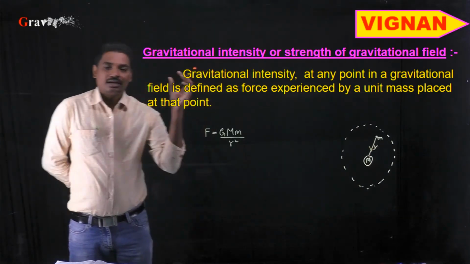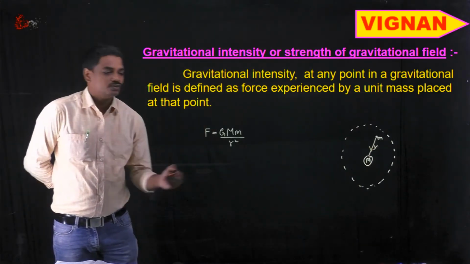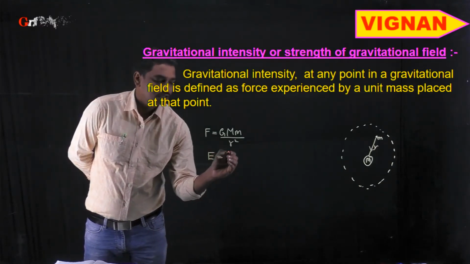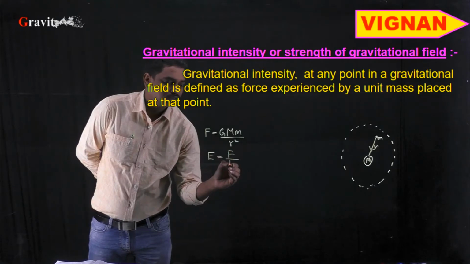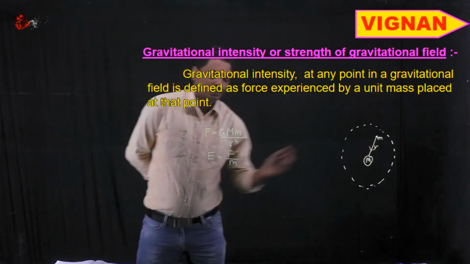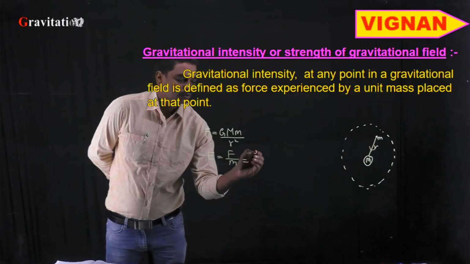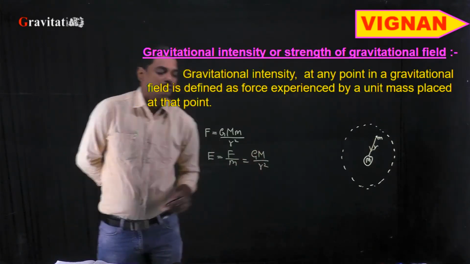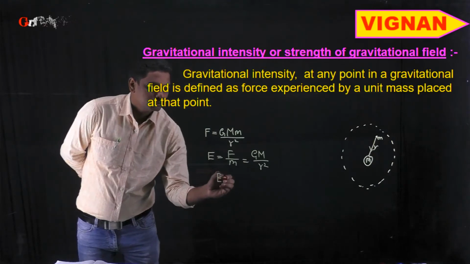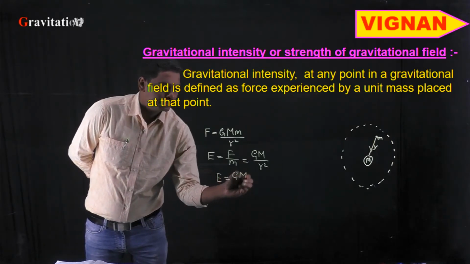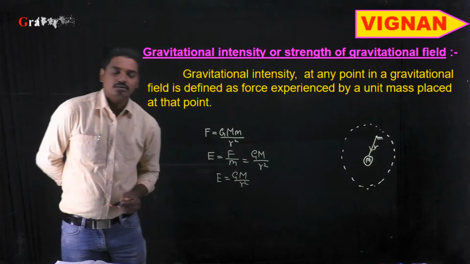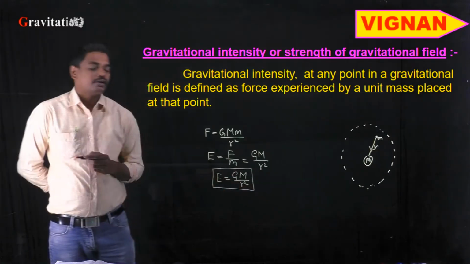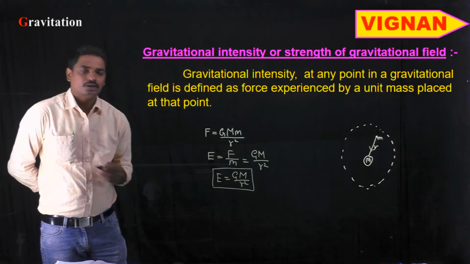Now the gravitational intensity, or the strength of the gravitational field, is denoted by E, which is nothing but the force experienced by the mass small m, so F by m, which is equal to G M by r squared. So E equals G M by r squared. This is the intensity or strength of the gravitational field.